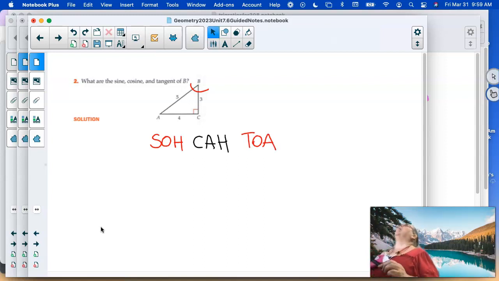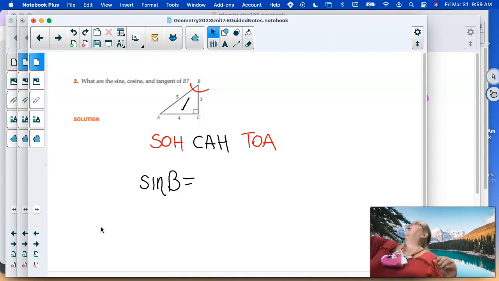Now I'm looking at angle B. I want the sine of angle B. Remember, sine is opposite side over hypotenuse, so it's going to be 4 over 5.